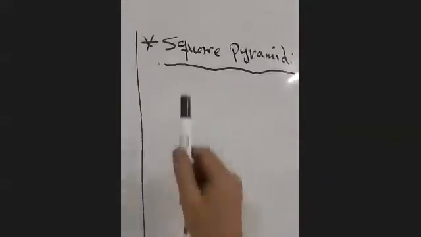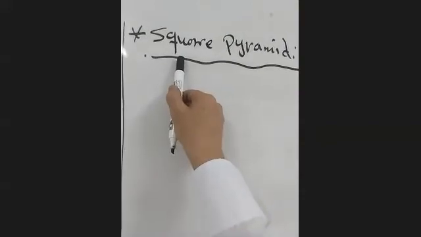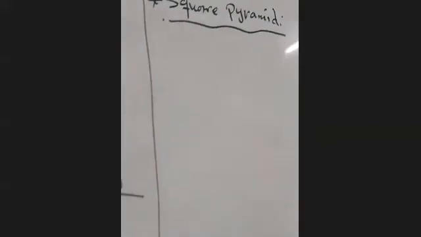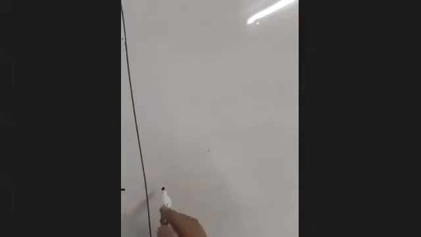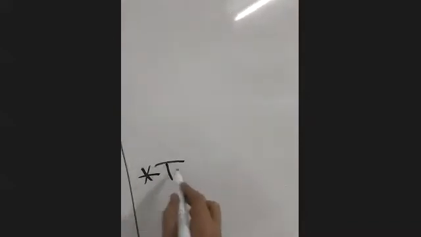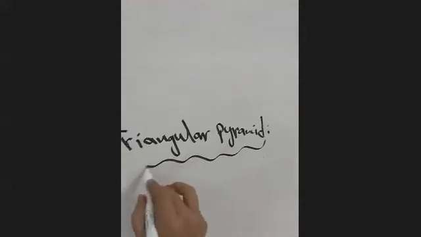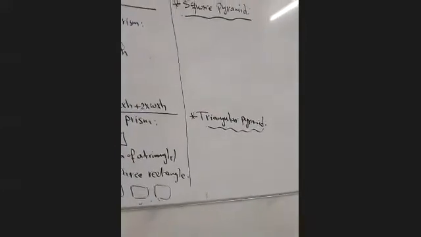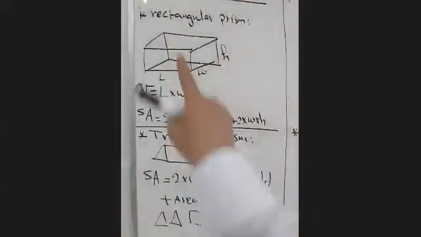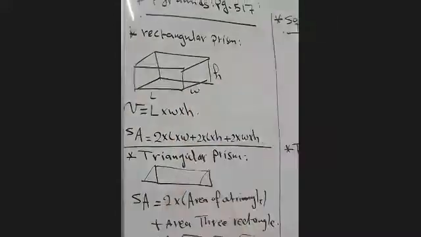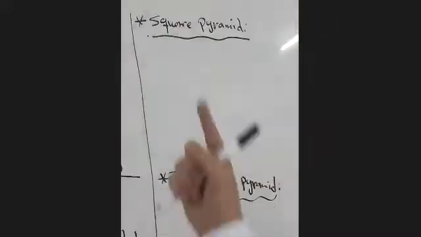If the base is a square, we say square pyramid. If the base is a triangle, focus please, we say triangular pyramid. Now, how do we know if it's a pyramid or prism? By the number of the bases. If we have two bases, prism. If we have one base, pyramid.